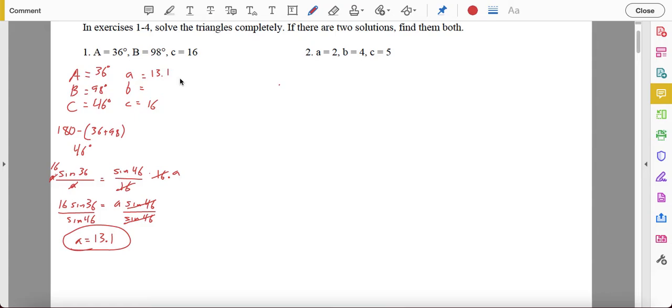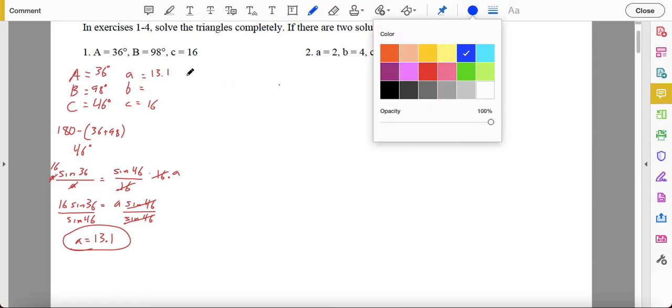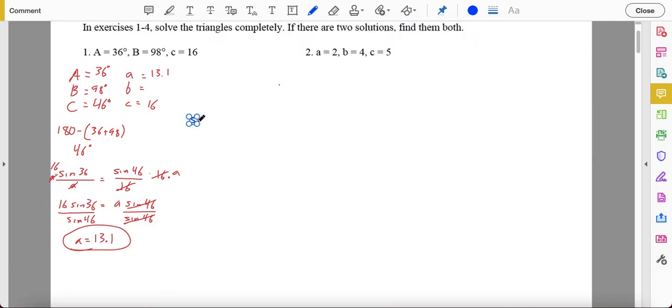So we're now going to use the law of sines again, this time using sine B over B. So we're going to set sine of 98 over B equal to either sine 46 over 16 or sine A over A, which is sine 36 over 13.1. I kind of like using the ones that were given to me to the greatest extent that I can. So sine 46 over 16.